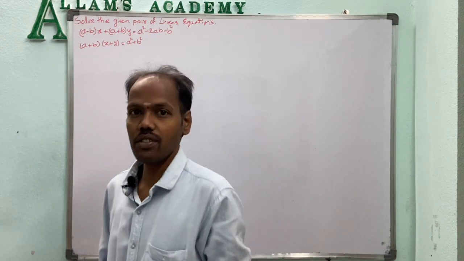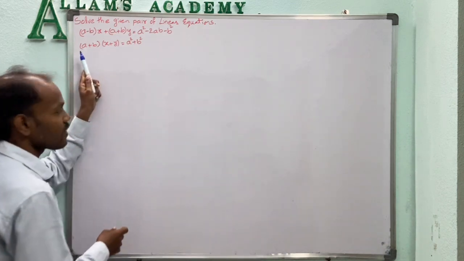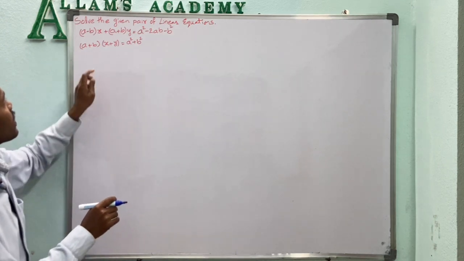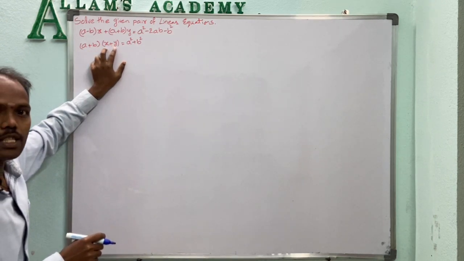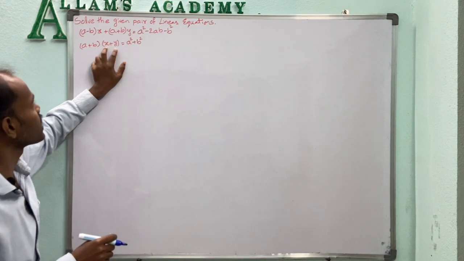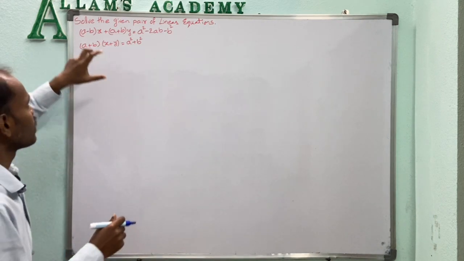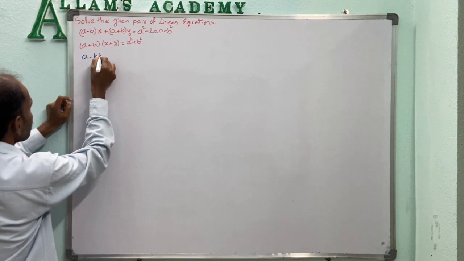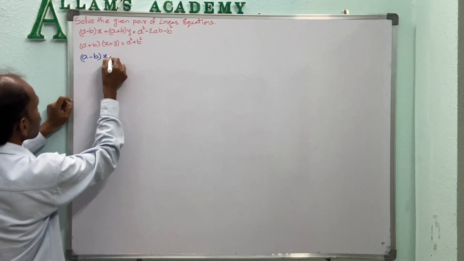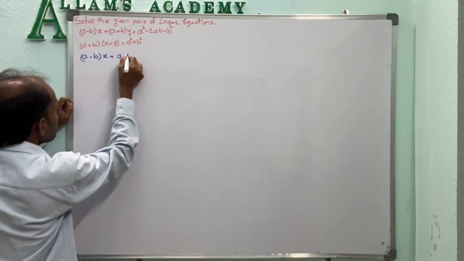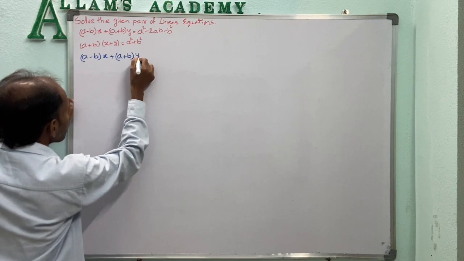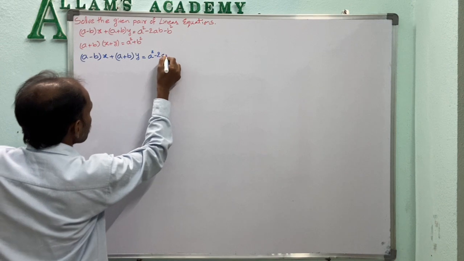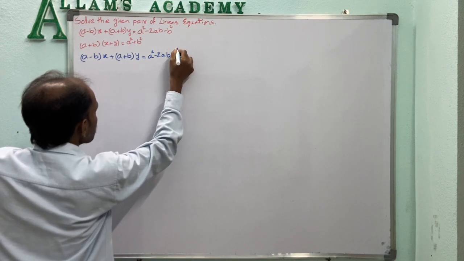For that purpose, first we observe the second equation: (a + b) into x plus y. That means a + b is the common factor for the x and y coefficients too. So first we divide that one. The first equation is written as (a − b)x + (a + b)y = a² − 2ab − b².